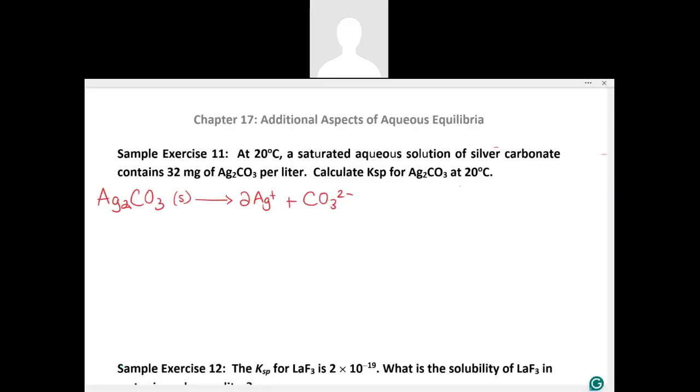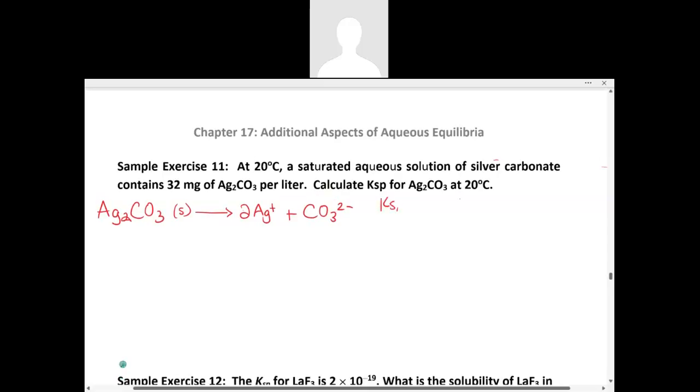Now, this is our dissociation equation, so our Ksp is going to look like this: the concentration of silver ions, and I'm going to square this. If you recall with other K values, other constants like Kp and Kc, any coefficients become exponents. And then here we're going to have our carbonate concentration.